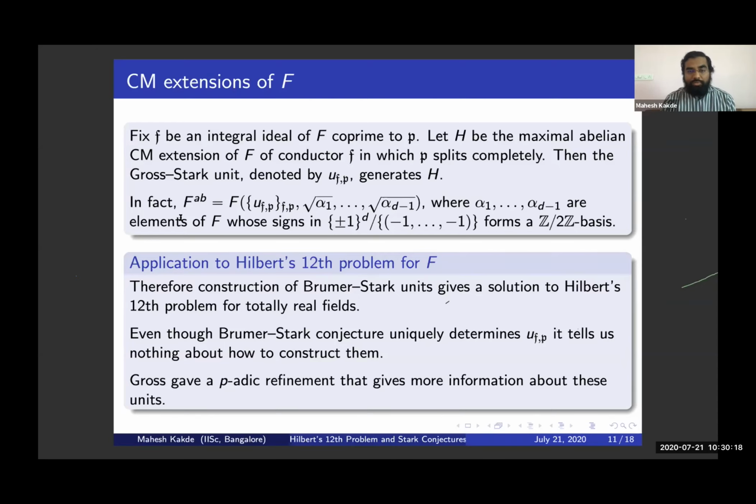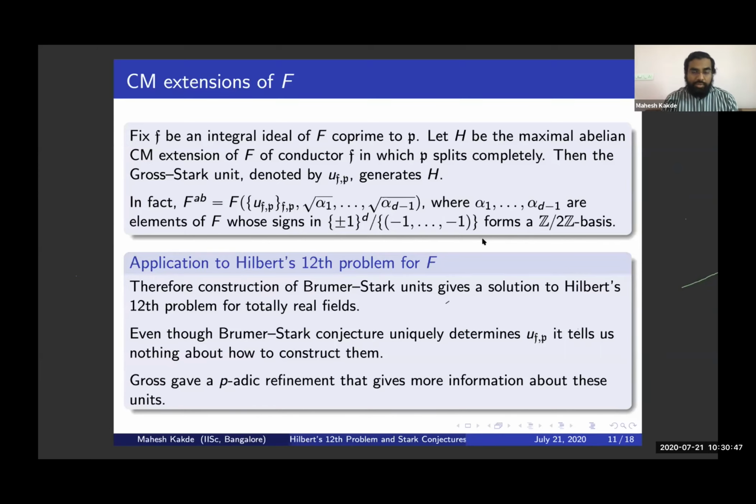Now if I vary my 𝔣 and if I vary my p over all possible choices, I almost get F^ab, but not quite. There's an issue of some signs. What I get is the maximal abelian CM extension of F. And now to pass from the maximal abelian CM extension to the maximal abelian extension, I have to adjoin some square roots, square roots of the signs.